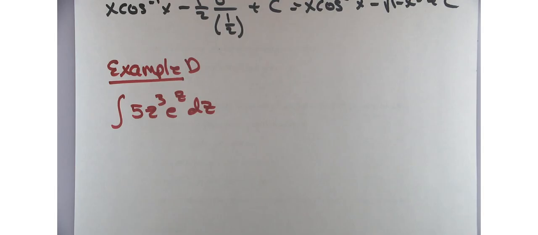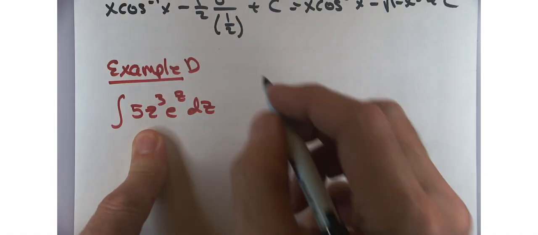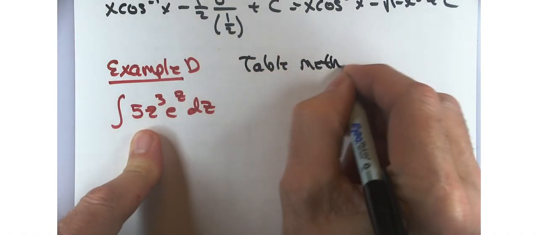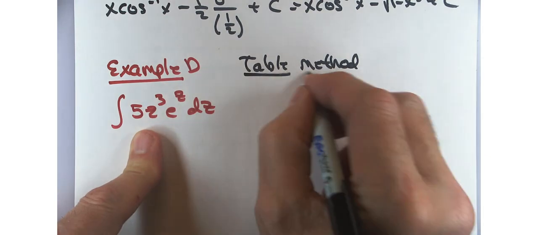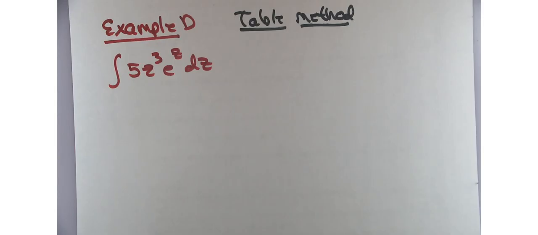When you have a nice little polynomial here, then there's a little kind of a shortcut thing that you can do. This is what I call the table method. And it's not just me. My calc instructor, when I took calc at OCC, taught me this, and I just thought it was the coolest thing.